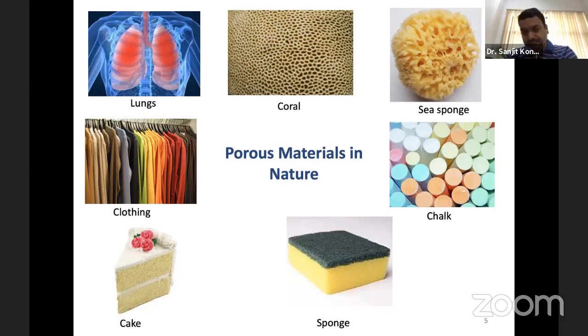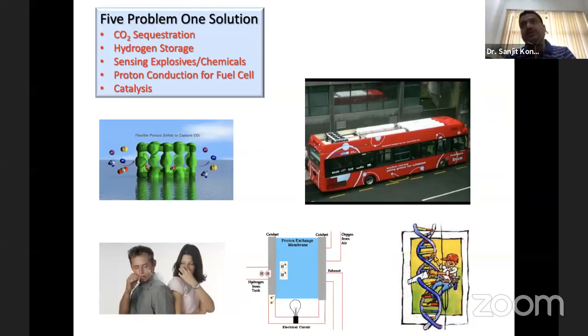But what is the advantage of metal organic frameworks compared to those porous materials? Those porous materials can do a particular job. Your lung cannot do the job of a sponge, your sponge cannot do the job of chalk, or chalk the job expected of a cloth. They are designed for a particular purpose.